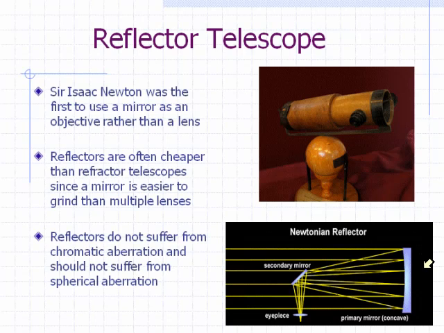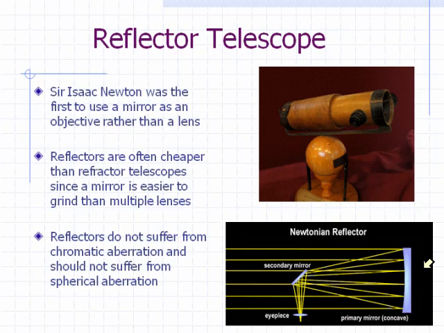This is a huge improvement over the refractor because it suffered from less aberration, but it also was easier to make. With a lens, you have to polish each surface, and that's very time-consuming. With a mirror, you only have to polish one surface, the surface that's reflecting.